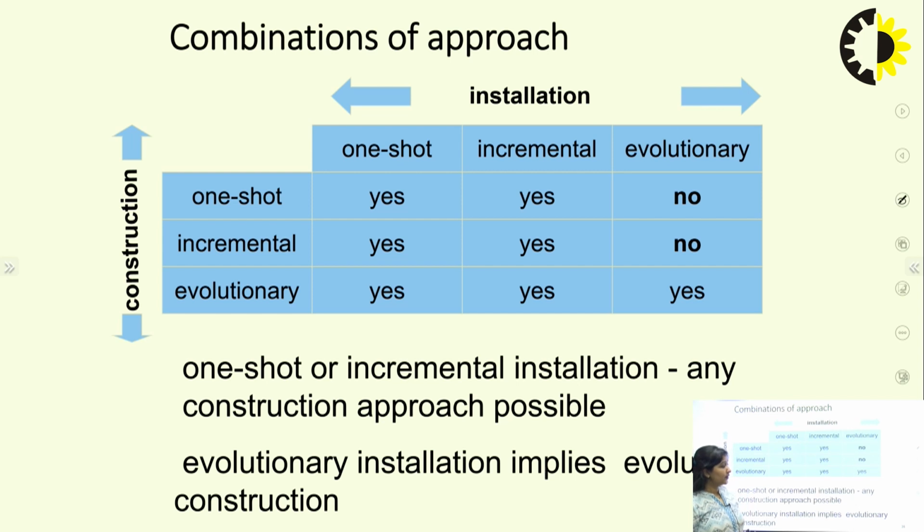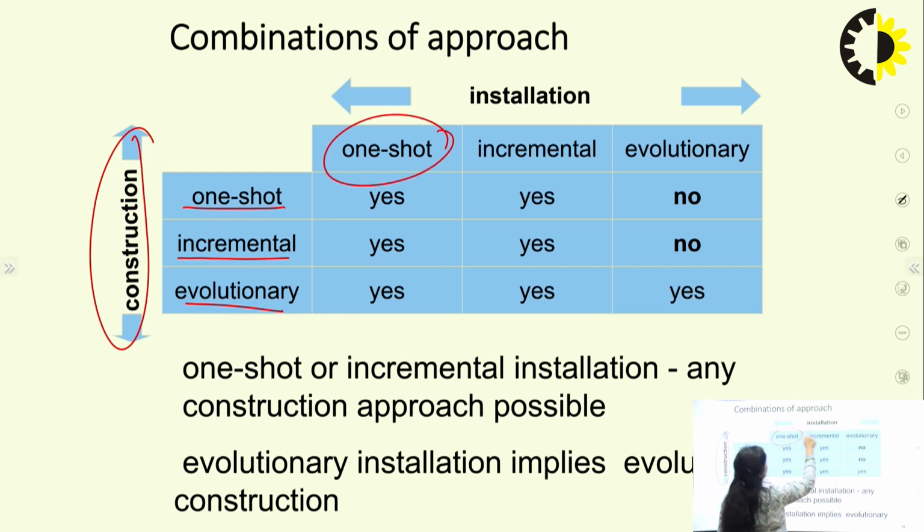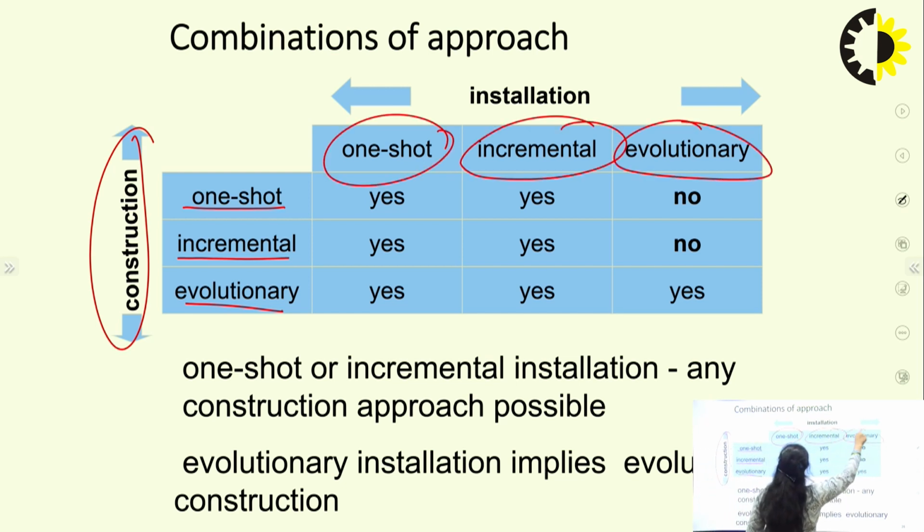Now, let's see the combination of approaches for that. We have one shot, incremental, evolutionary. This is the construction phase. For the installation, we again have three options: one shot, incremental and evolutionary. So if the installation is one shot or incremental, any construction approach is possible.